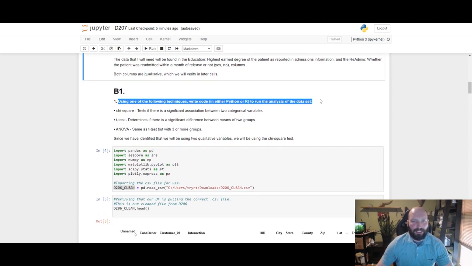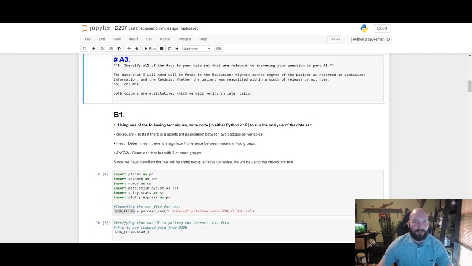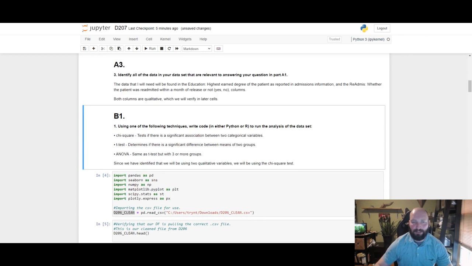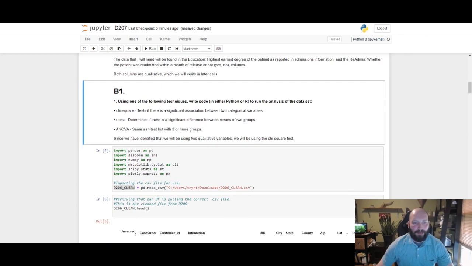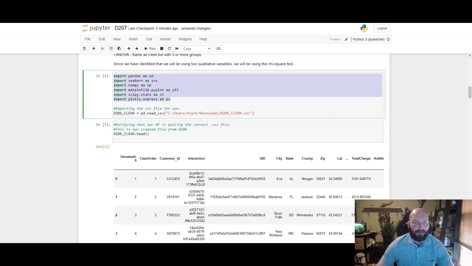B1, using one of the following techniques, write code in Python or R to run analysis on the data set. Since we know that these are qualitative, which we will verify later, we have to use the chi-square, as it tests if there are significant associations between two categorical variables. And these are the libraries that I will be using.